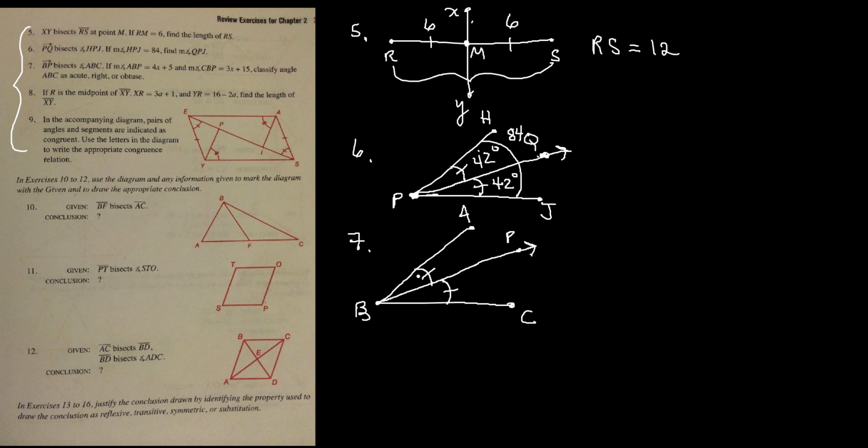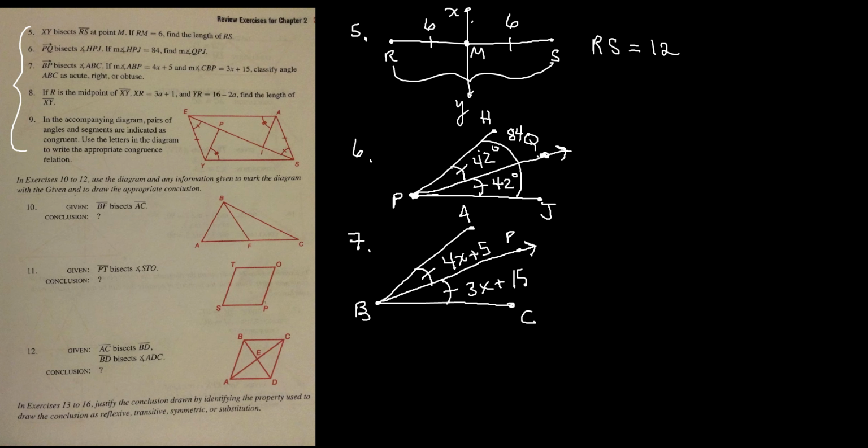Okay, so ABP, the top one, is 4x plus 5. So I'm going to write that in there, 4x plus 5. And the other one is 3x plus 15.